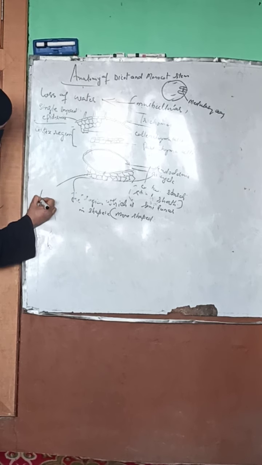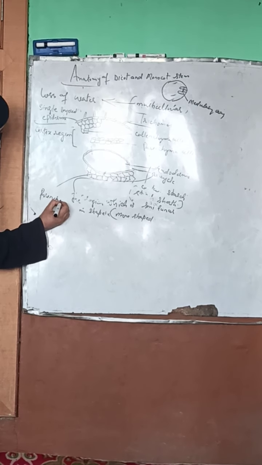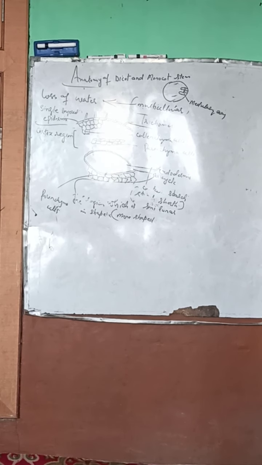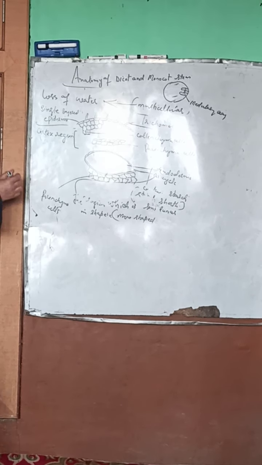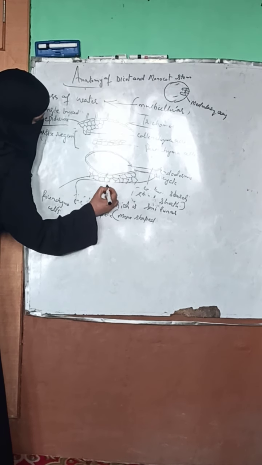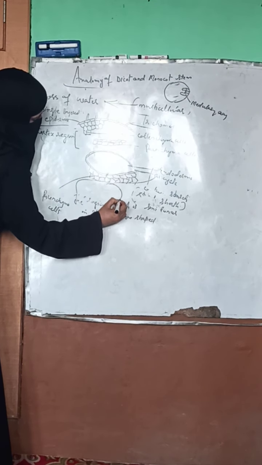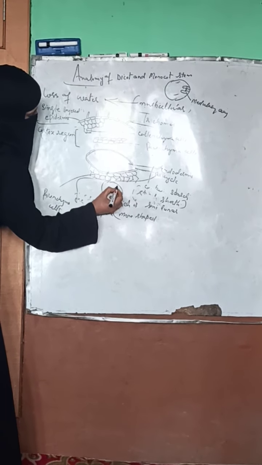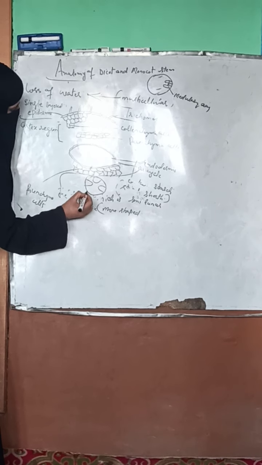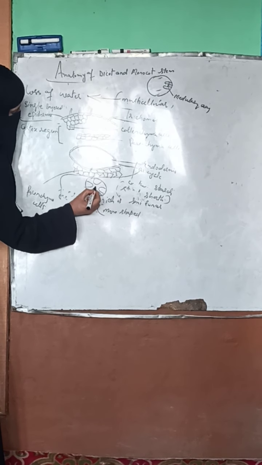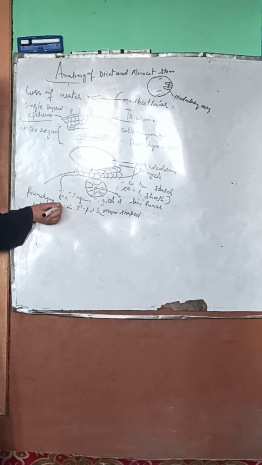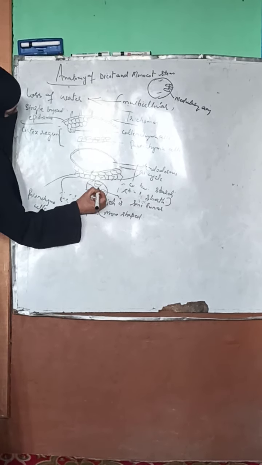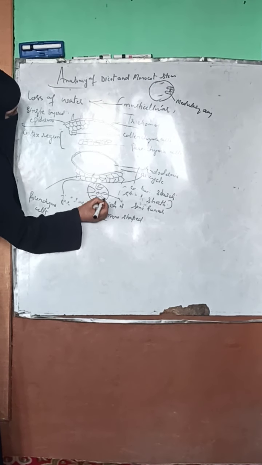Then there are vascular bundles. As I have told you, pith is present in between them, and there is vascular cambium, and it is xylem and phloem.